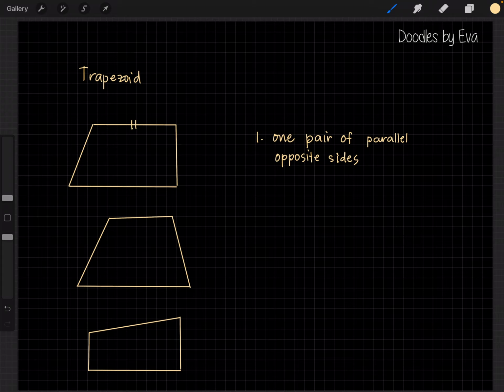This one, that one's parallel. This one's parallel with that one. This one and this one. So that's the property of a trapezoid. So there you have it, the different quadrilaterals: the square, the rectangle, the rhombus, the trapezoid, and the parallelogram.